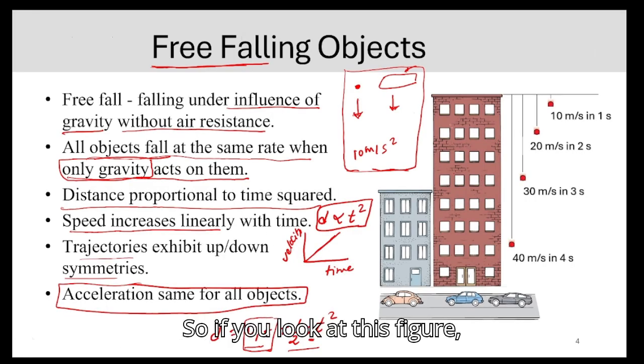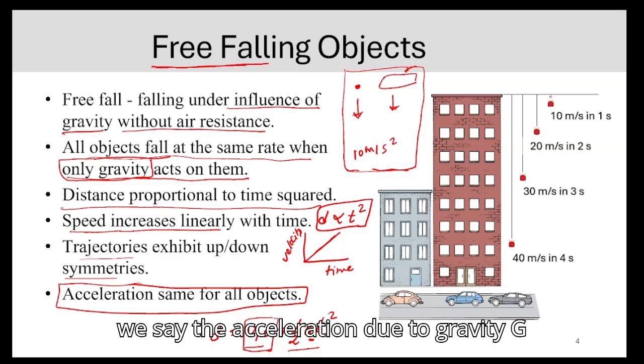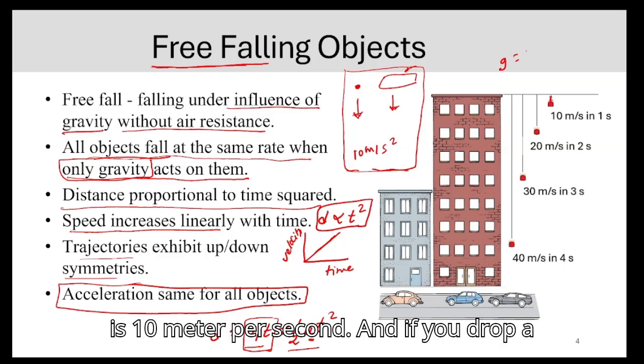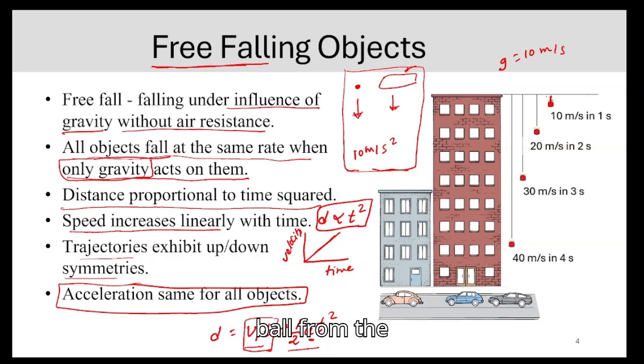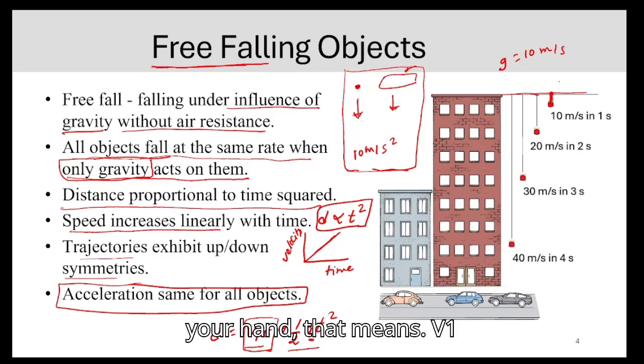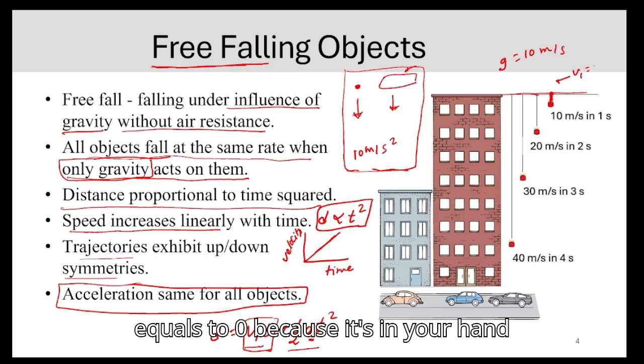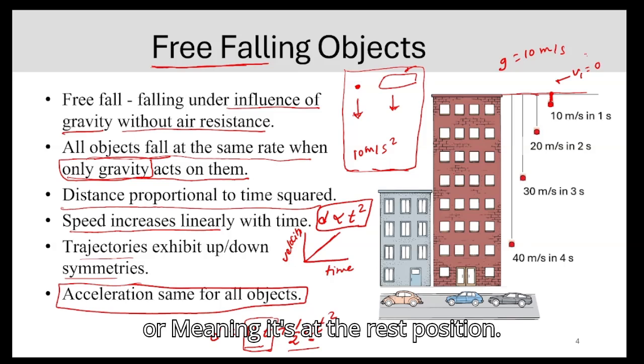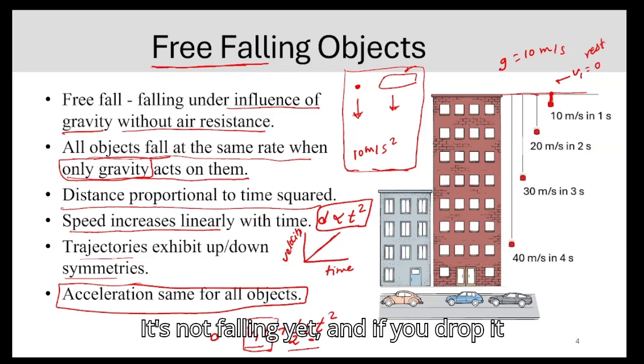If you look at this figure, we say the acceleration due to gravity g is 10 meters per second squared, and if you drop a ball from the top of a building, at the beginning the ball is in your hand, that means v1 equals 0 because it's at rest, it's not falling yet.